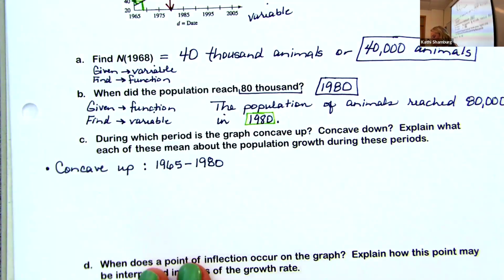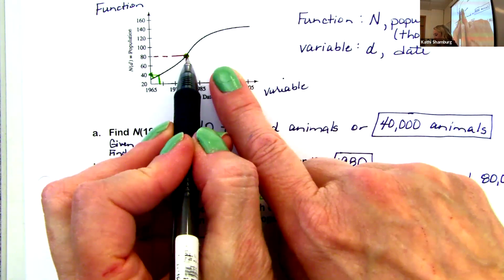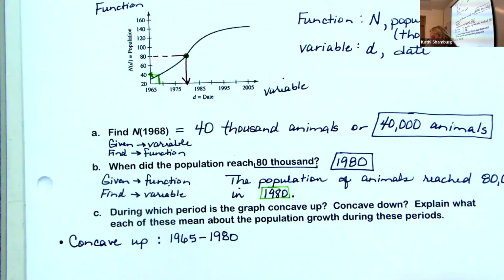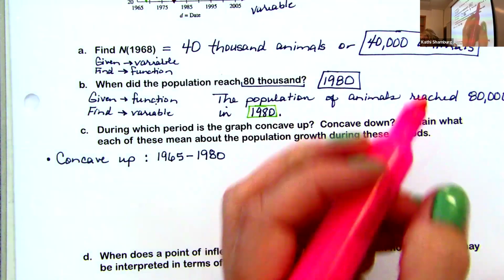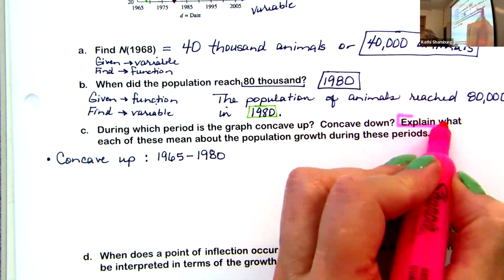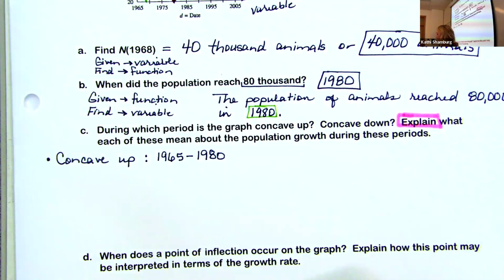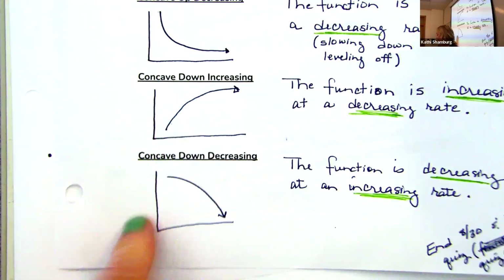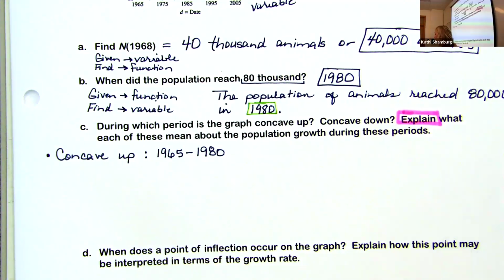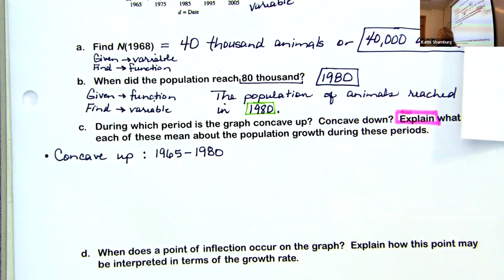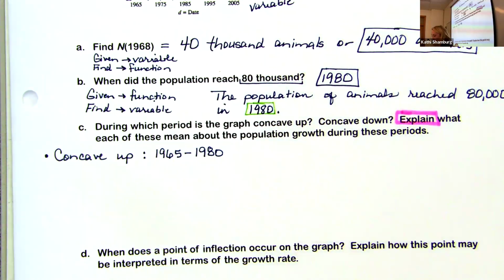Now, in a minute, we'll finish up and talk about from 1980 on. But this also wants us to explain what that concavity means. Anytime you have to explain concavity, then that is what I'm looking for. Again, don't say the graph, don't say the function.